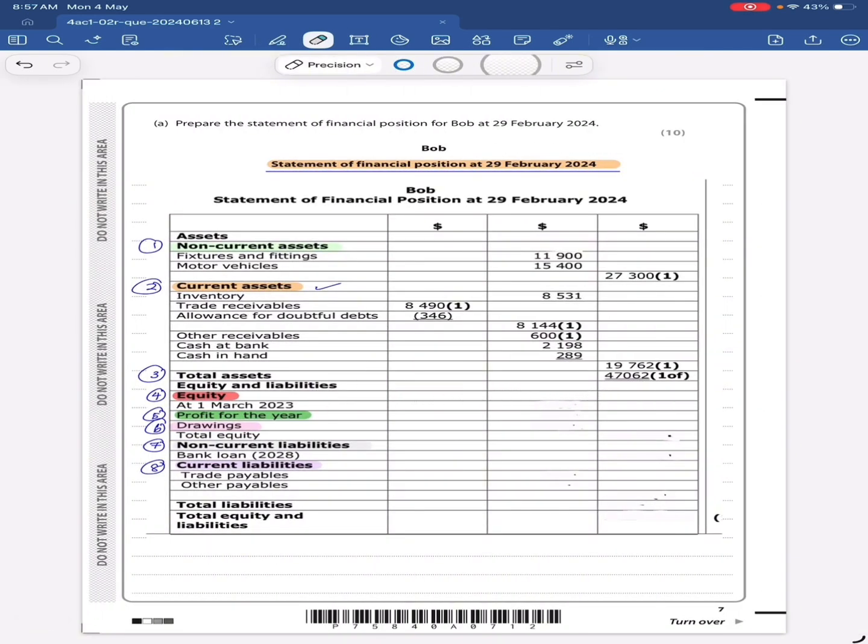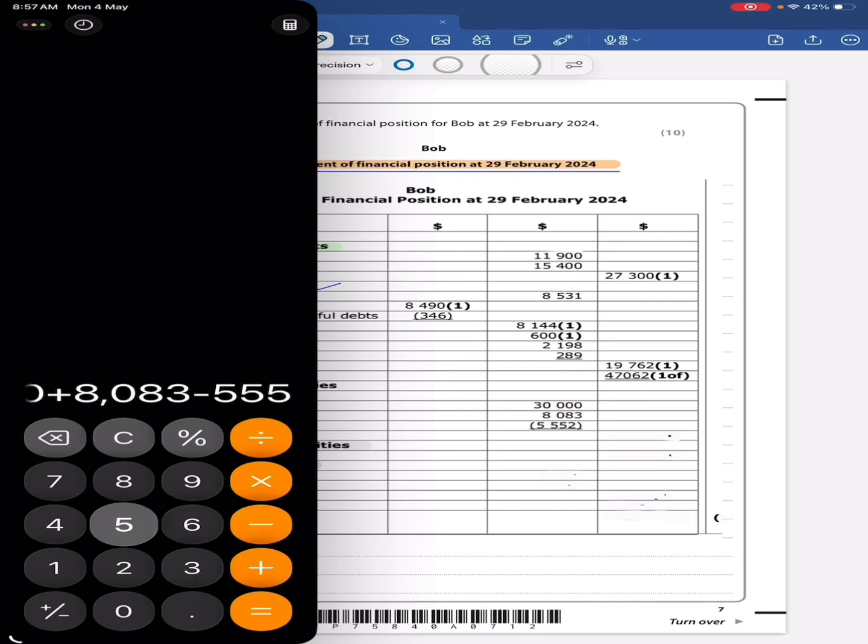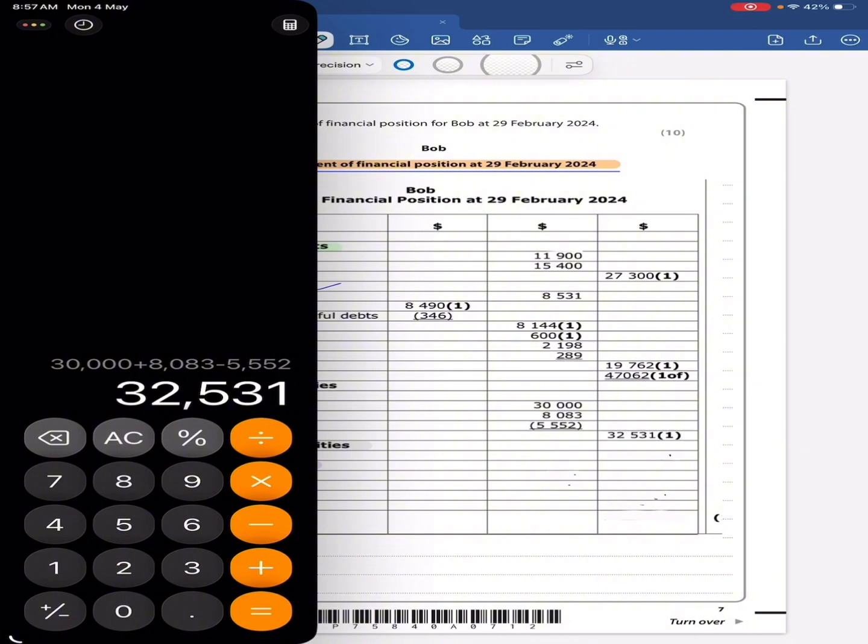Equity 30,000, profit for the year 8,083, drawings you deduct 5552. $30,000 plus 8,083, take away 5,552, should give 32,531, sorry.